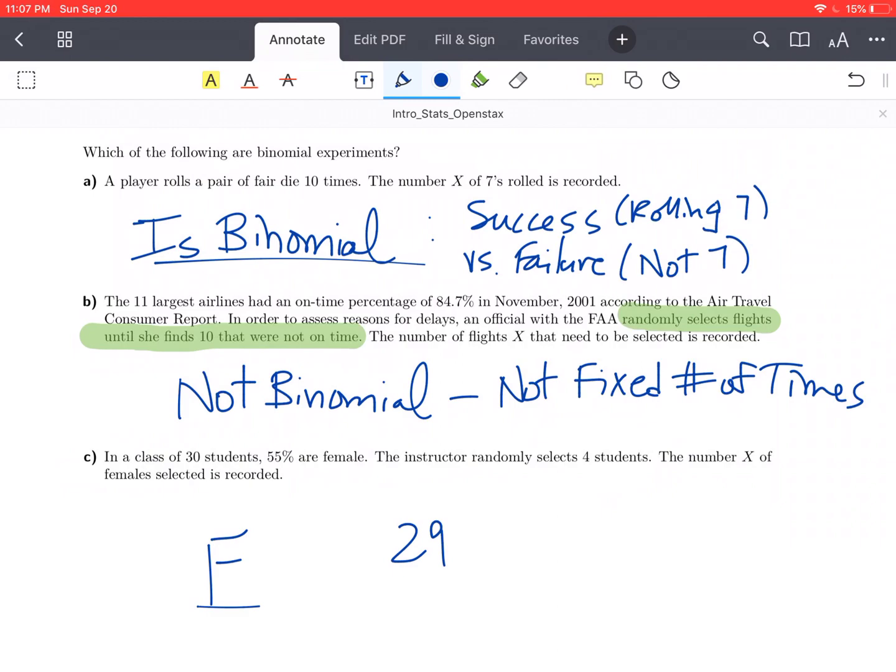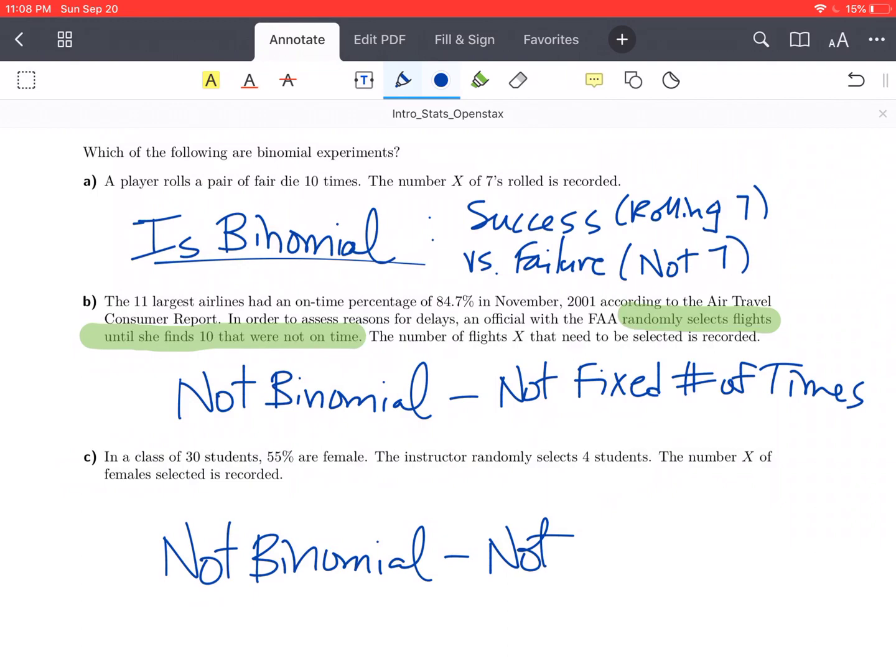So these trials are not independent of each other, which means this must not be binomial. That's the problem with that one.